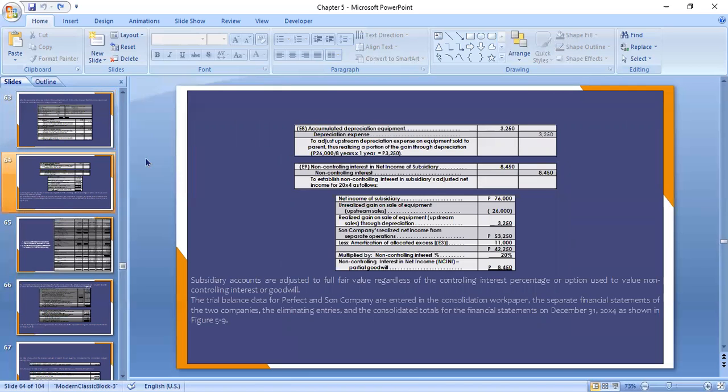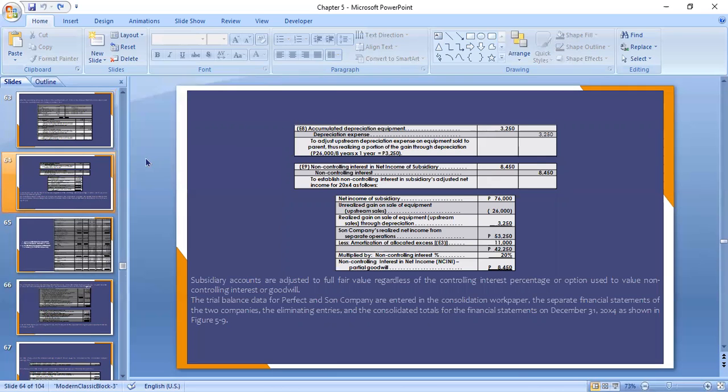Then debit accumulated depreciation and credit to depreciation expense. Now we have the non-controlling interest in net income of subsidiary. So we have now non-controlling interest in net income of subsidiary and non-controlling interest for 8,450 net income of subsidiary. Then we deduct the unrealized gain on upstream and the realized gain on upstream.